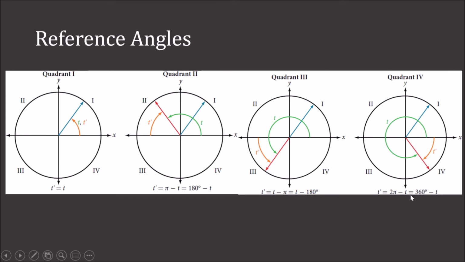If our angle is in the fourth quadrant, then our reference angle is measured from the positive x-axis in a clockwise direction. Now, the whole unit circle is 360 degrees. So our reference angle would be the 2 pi, the 360 degrees, minus this t, this original angle. And again, that is all summarized down here for you.